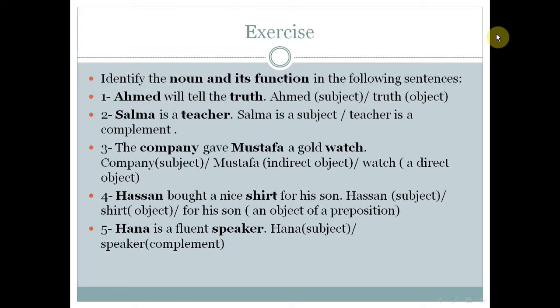So, number 1, Ahmed is a noun. Truth is a noun. The function of Ahmed is subject. The function of truth is object. Number 2, Salma is a teacher. You can see that Salma and teacher are written in bold. Salma is a subject.